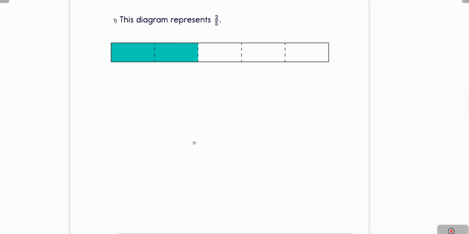Okay, so this diagram represents 2/5. 2 are shaded out of 5. How can I represent 2 times 2/5? Well, all I have to do is draw another copy of 2/5.